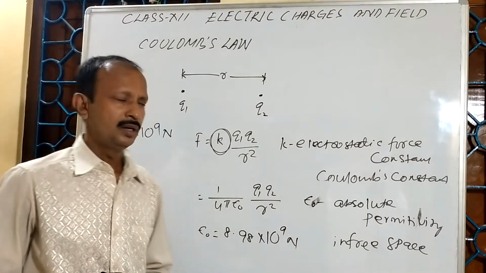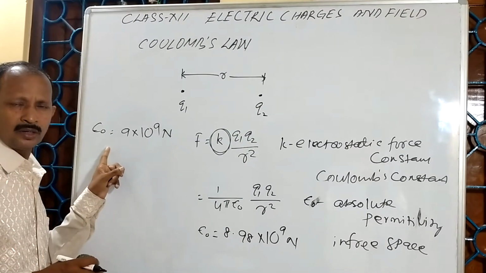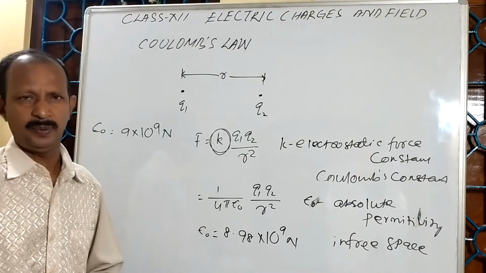This is the value of 1 upon 4 pi epsilon naught, where epsilon naught is the permittivity in free space.